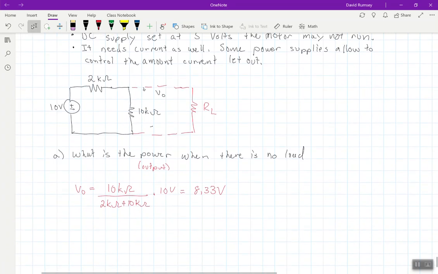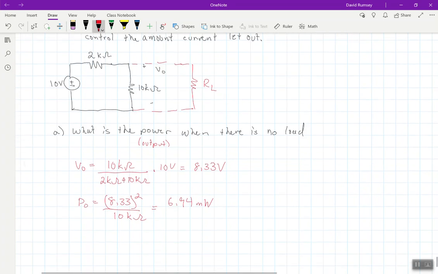And then just using our equations for resistors for power, the power on the output would be voltage squared, so 8.33 squared, divided by the resistance, which is 10 kilo ohms. Let me just do that real quickly. And you would end up getting, if I did my computations correctly, 6.94 milliwatts, approximately.